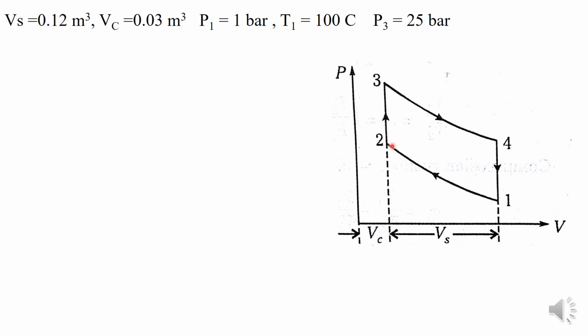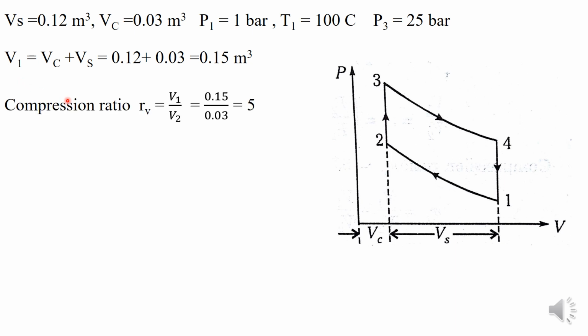V2 and V3 are equal, and that is the clearance volume, which is known. Next we need to find V1. V1 is Vc plus Vs, so add these two terms to get the value of V1. Once you have V1, directly find the compression ratio, RV equals V1 by V2. So 5 is the answer for the compression ratio.